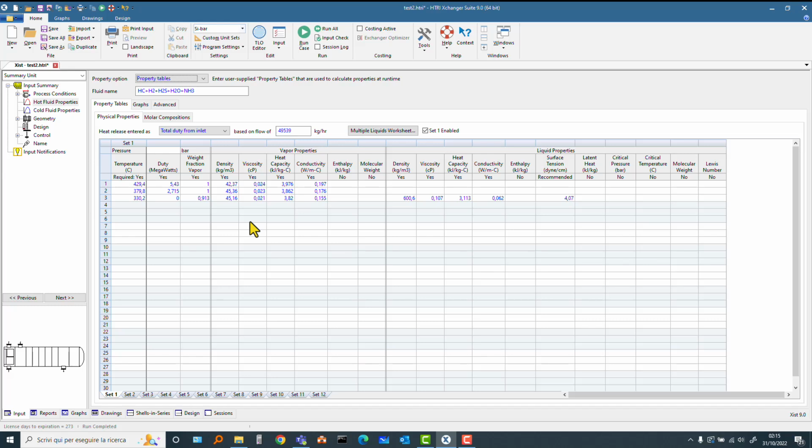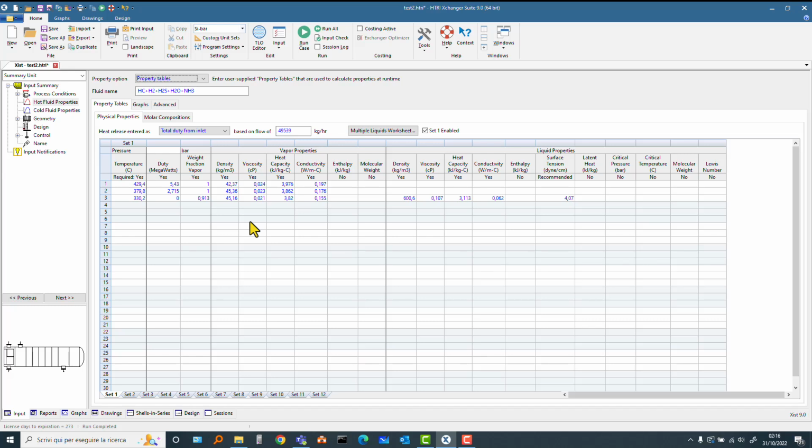Since the pressure has an influence on this curve, we would need at least two curves, one at the inlet pressure and the other one at the outlet pressure. But nobody knows, at the beginning, when starting the calculation, how high the pressure drops will be.